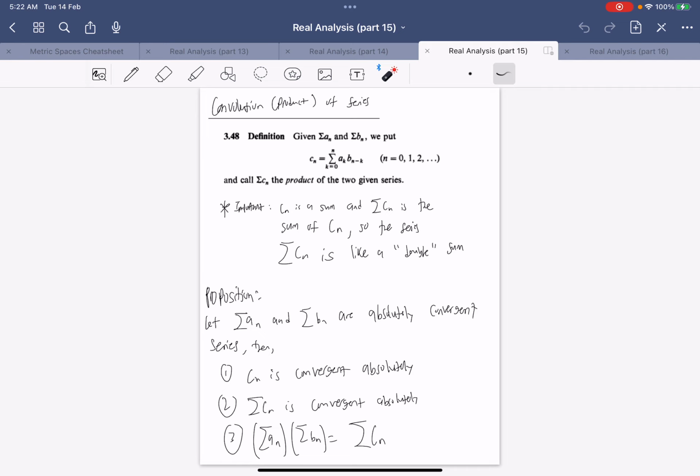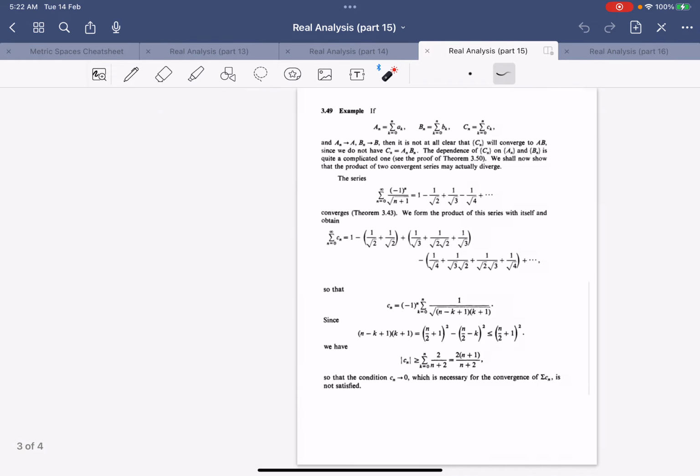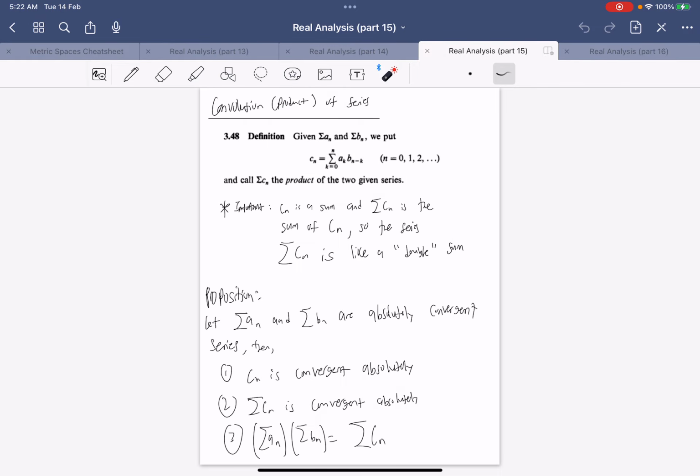What's important to note is that c_n itself is a summation, so the limit of the sum of c_n is the limit of these partial sums, and the sum of c_n is also a series, so it acts like a double summation.